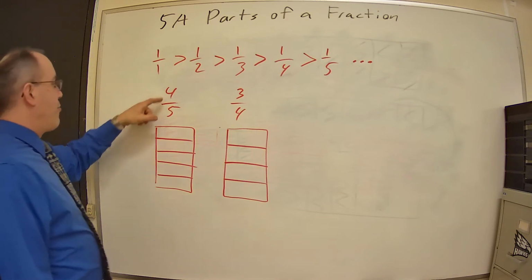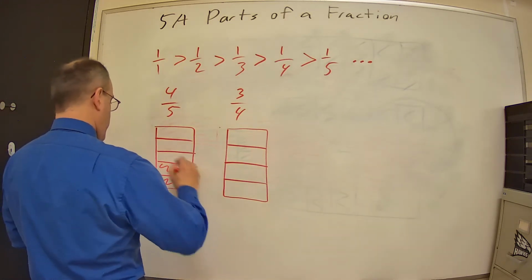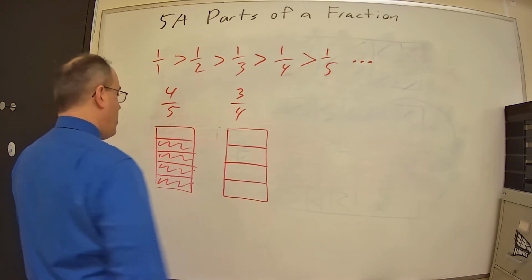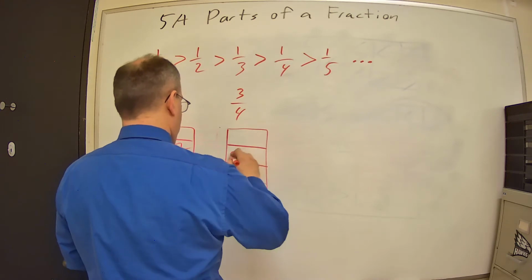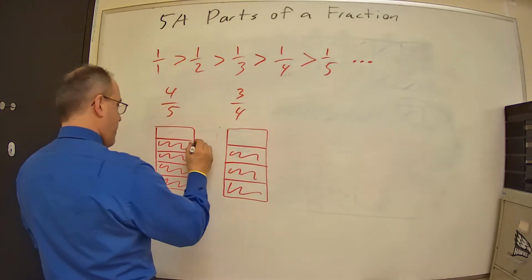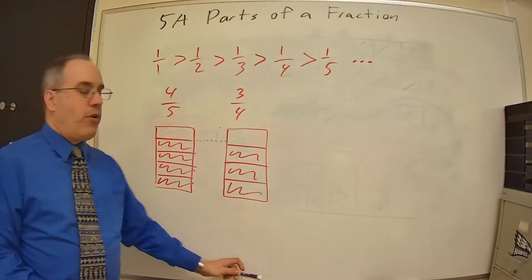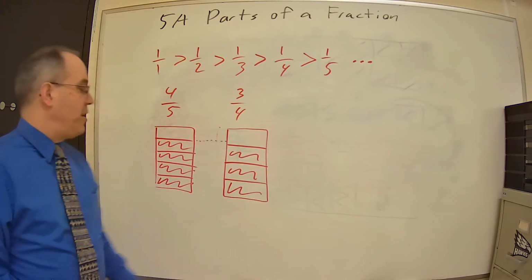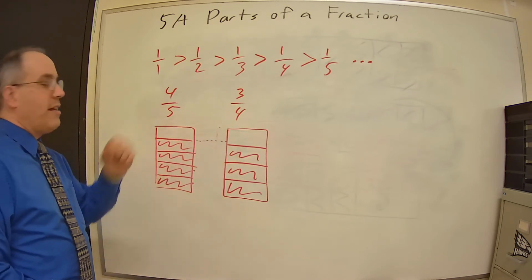So I've got 4/5, so that's 1, 2, 3, 4. And I've got 3/4: 1, 2, 3. Just for comparison's sake, we see that 3/4 doesn't fill up as much space in our original rectangle as 4/5 does.